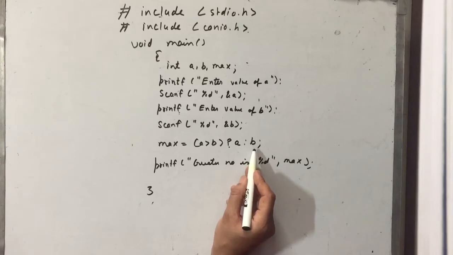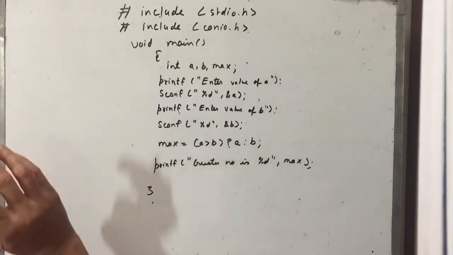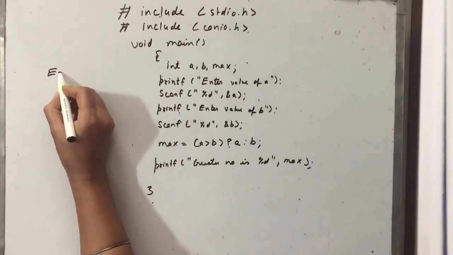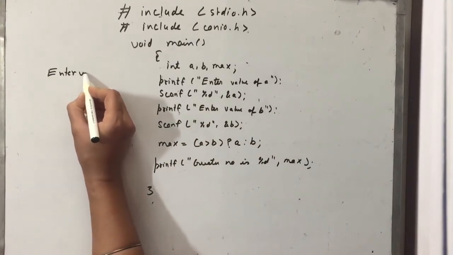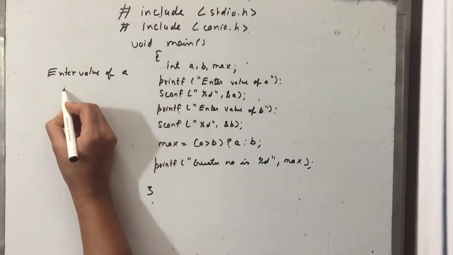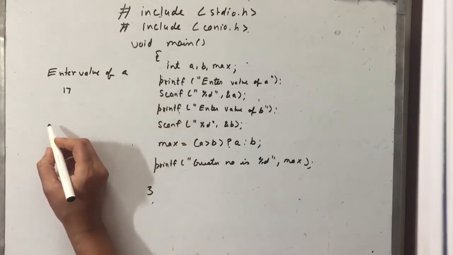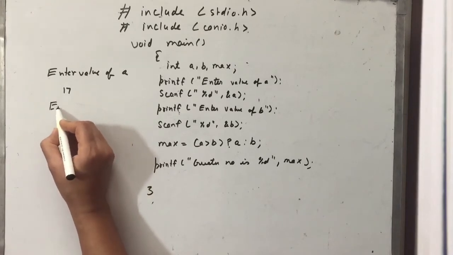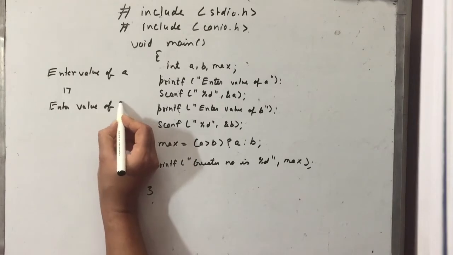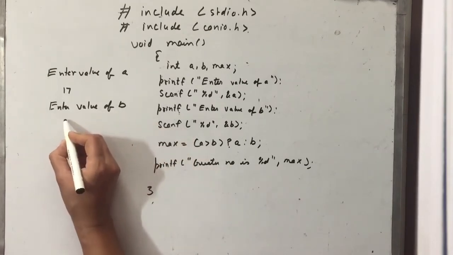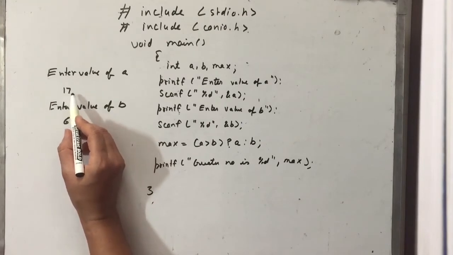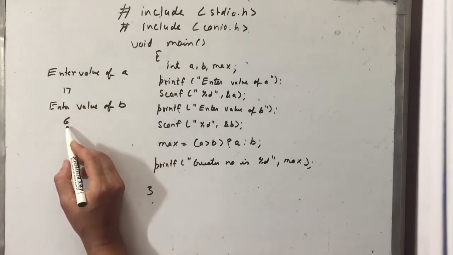Suppose I write side by side the output of this program. It will be executed like this: enter value of a, and I give a value 17 to a. After that, the program shows the message again, enter value of b, and suppose I give it a value 6. Now the value of a is 17 and the value of b is 6.